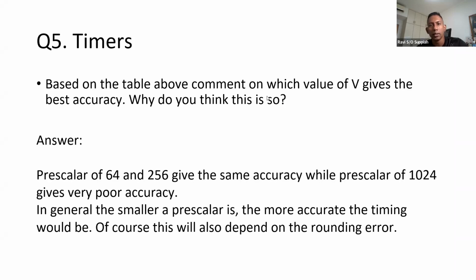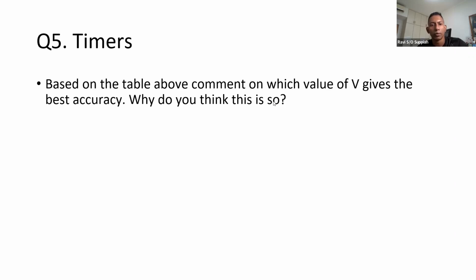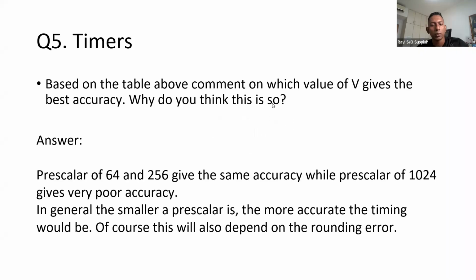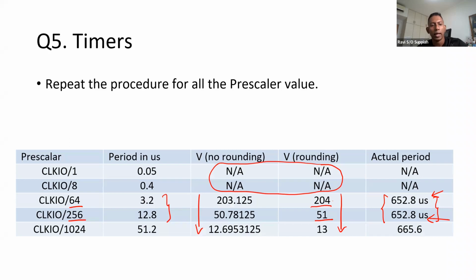3.2 is the interval of the timer TCNT counter. The actual period is the point where the output compare match occurs. That means the TCNT register has a match with the OCR register.